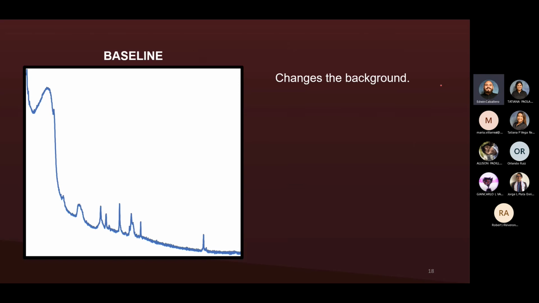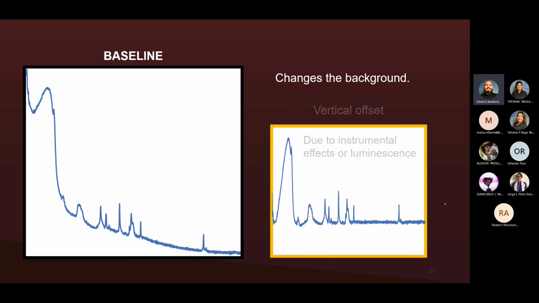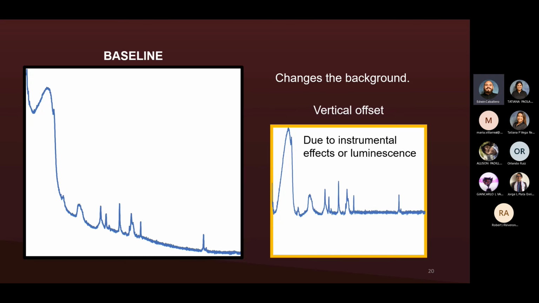Now, baseline is basically when some change happens to the background. Normally, you have a normal baseline for your spectra. This is one that you would simulate or you have in a reference. You may see that the baseline is basically where y equals 0, and it's fairly horizontal. But when you take a measurement, this happens. You might see that the spectra starts having a vertical offset.